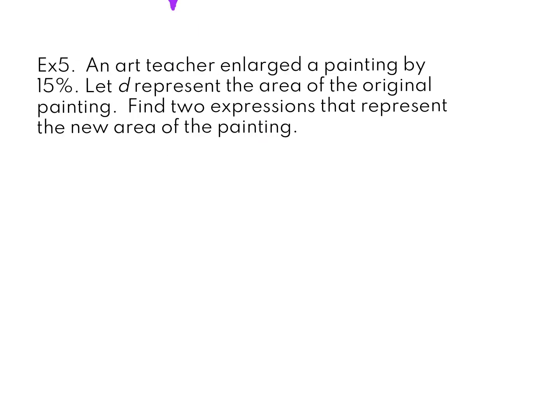Example number 5. An art teacher enlarged a painting. So to me, that means we're making the painting bigger. We're adding on. Enlarged it by 15%. Let D represent the area of the original painting. Find 2 expressions that represent the new area. I'm going to start with my original painting.